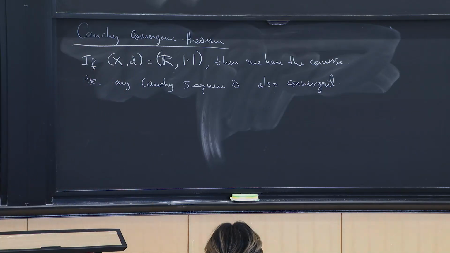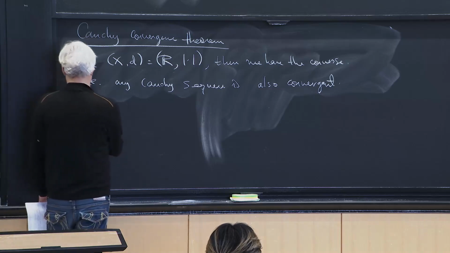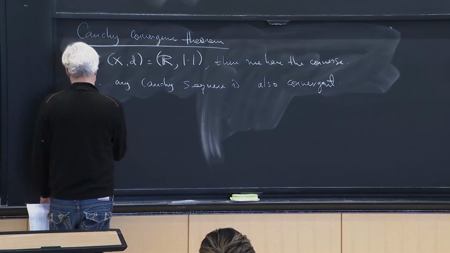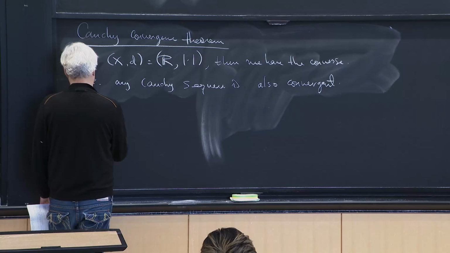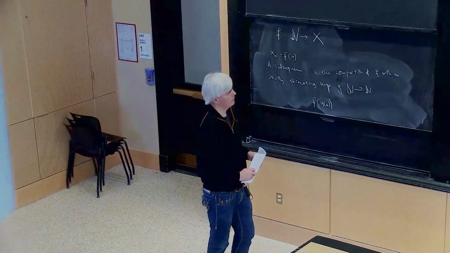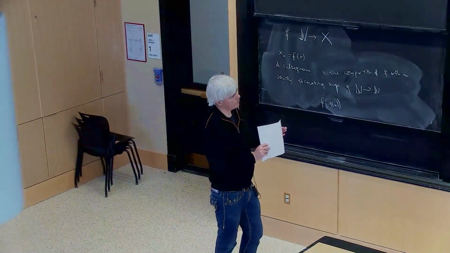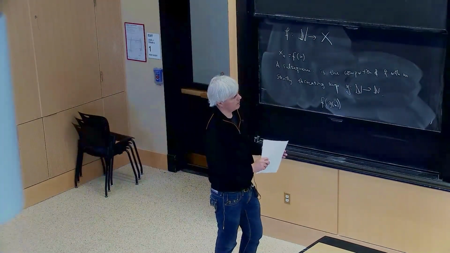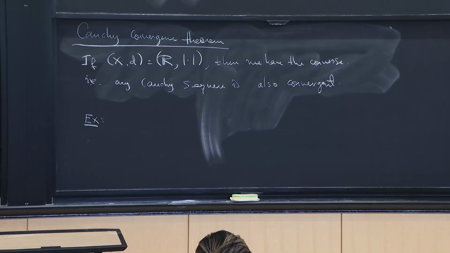Now we looked at a very simple example, and if I have time, I will talk about a little bit more interesting example. Otherwise, I'll talk about that next time. So if the metric space was R with a Euclidean distance, then we had a converse.